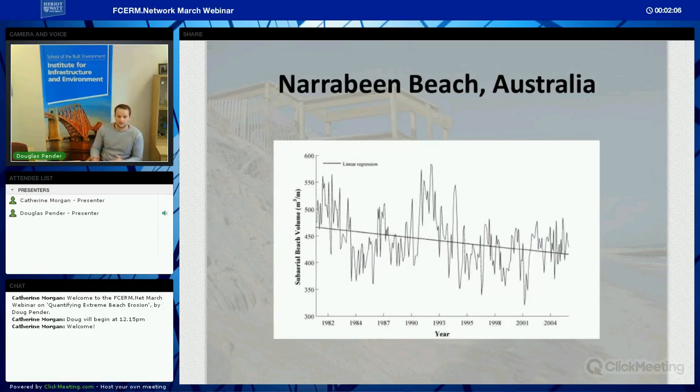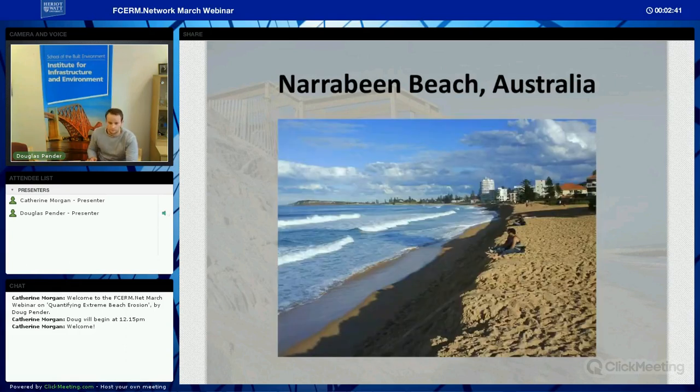The range of variability is almost 300 cubic metres per metre in this single profile, and it transitions through a number of beach states very rapidly because of the wave climate and its location. The linear regression in that plot shows a slight decrease in the beach volume over the 25-year period, but it's too short a measurement to make any long-term assessment of what's happening. The decrease is also affected slightly by these cycles of beach rotation.